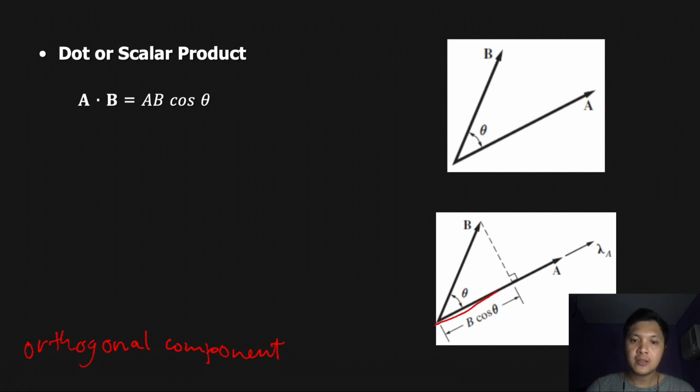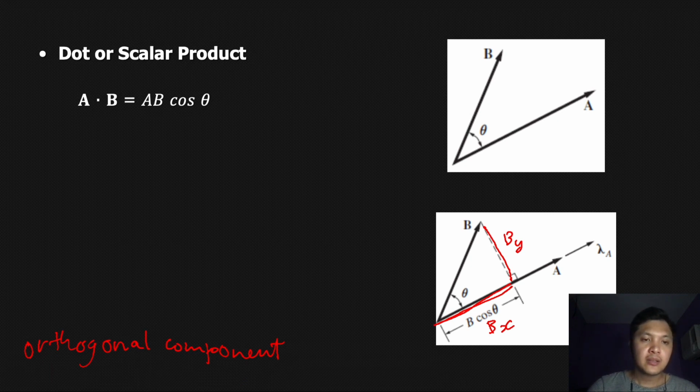So this one is bx, and then this is by, although it's not necessarily on the x-axis and on the y-axis. I just use it to differentiate the two. Now again, bx is the orthogonal component that is parallel or has the same direction with a, while by is the orthogonal component which is perpendicular with a.